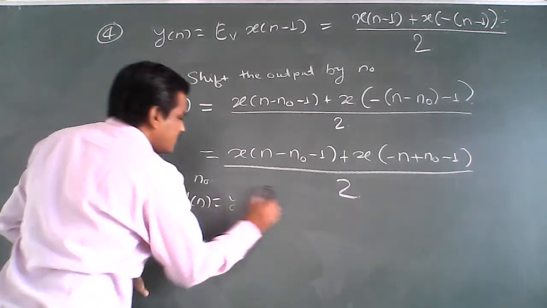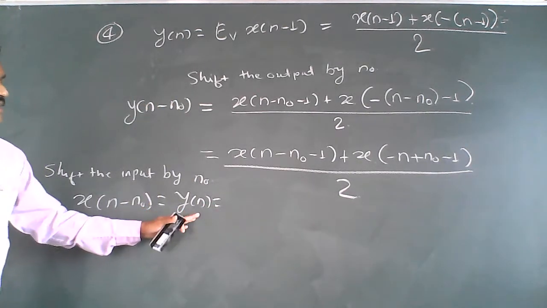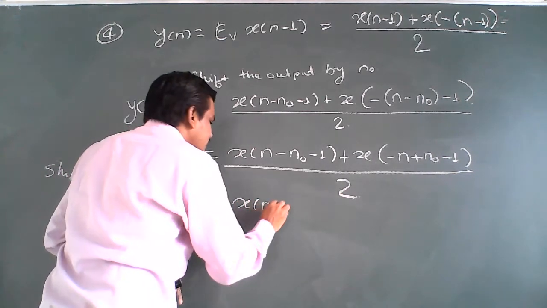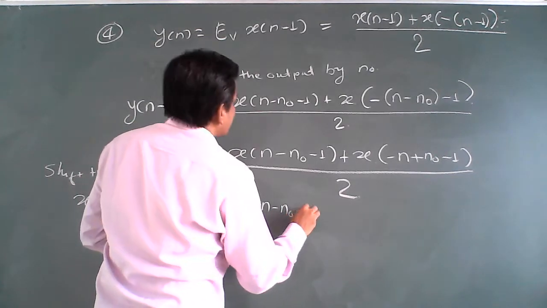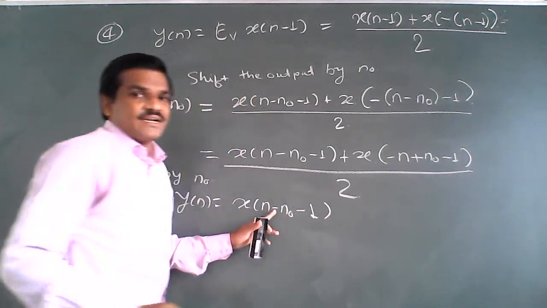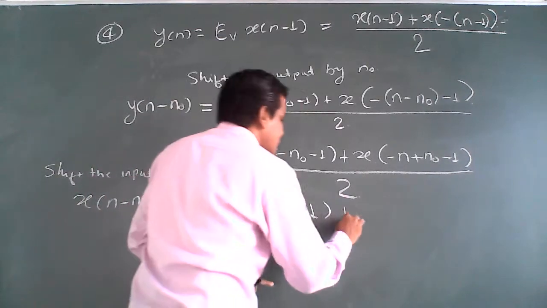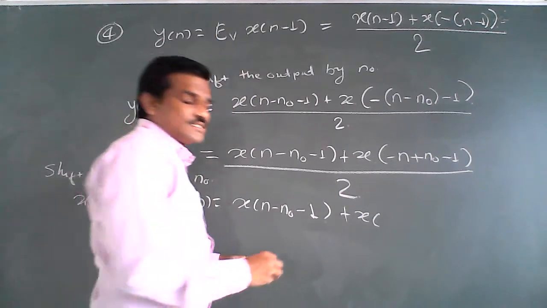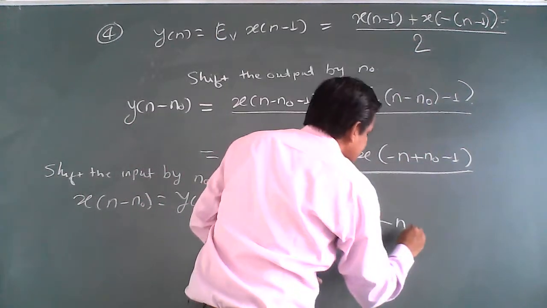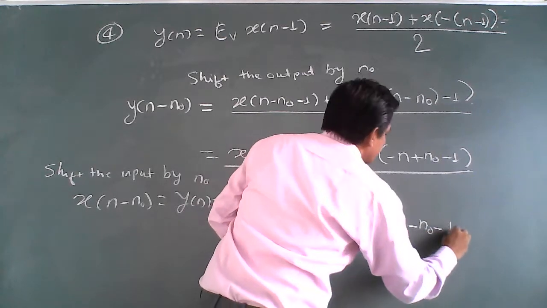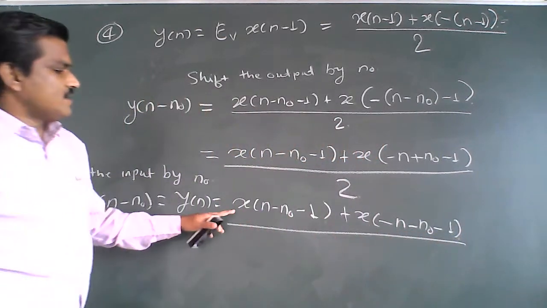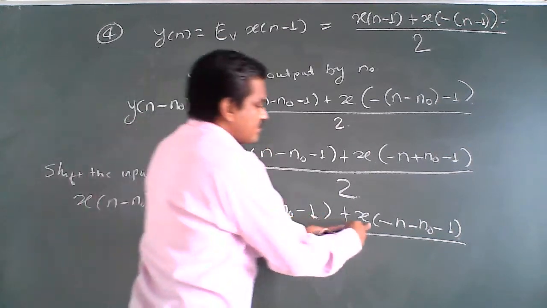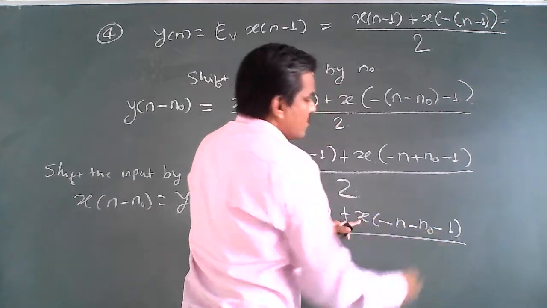Any nomenclature you can use, which is nothing but x of n minus n0 minus 1 plus x of minus n minus n0 minus 1, divided by 2. x of n minus n0 minus 1 plus x of minus n0 minus 1.